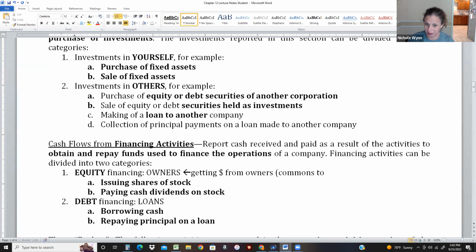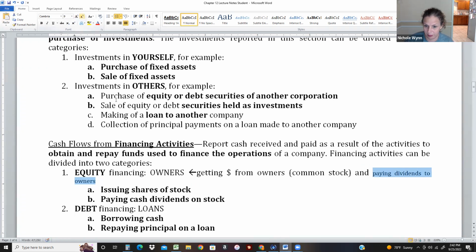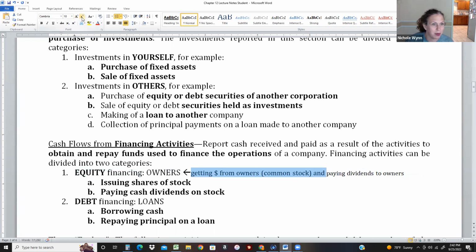Which is common stock. And paying dividends to owners. I'm going to make all this smaller so that I can fit it all in one row so that my rows don't get screwy. But you guys can just be writing it off in the margin.